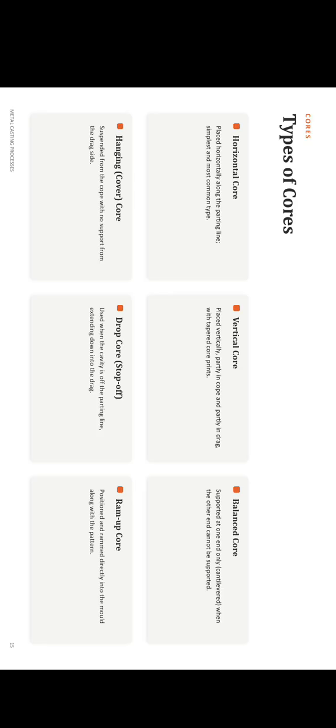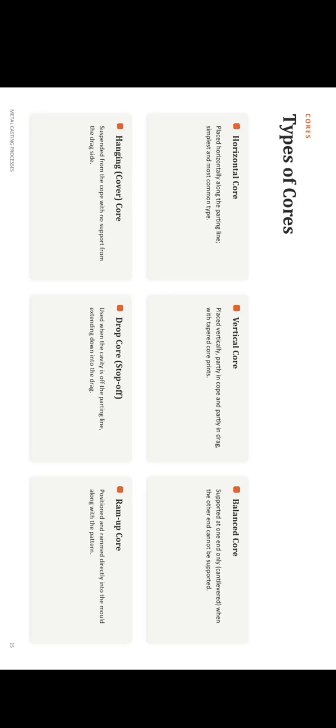Vertical core: placed vertically, partly in cope and partially in drag, with tapered core prints. Balanced core: supported at one end only when the other end cannot be supported.